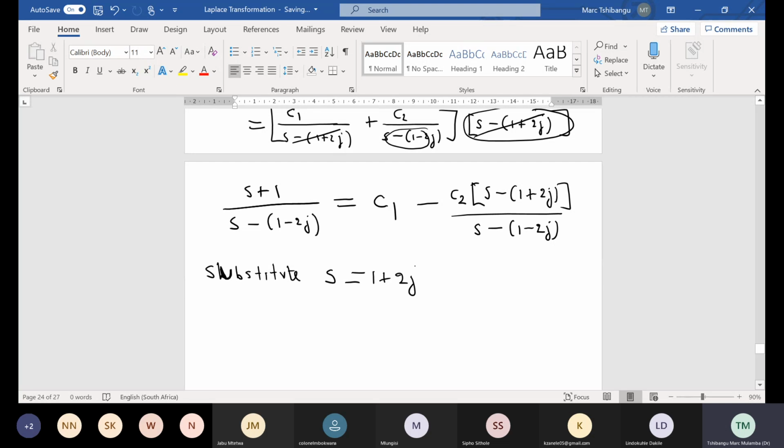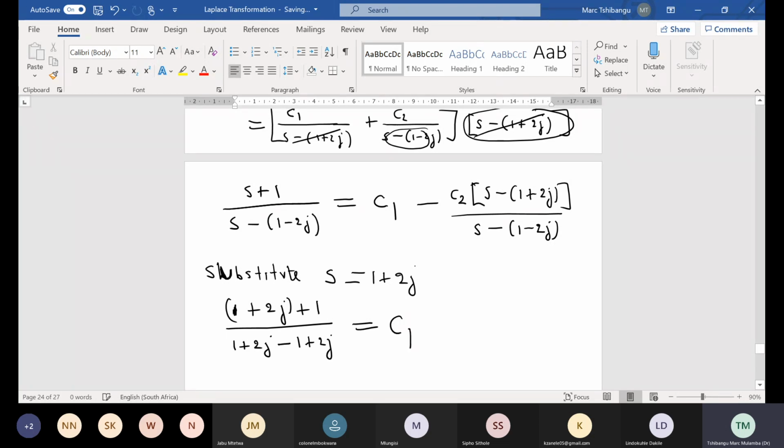So we're going to have 1 plus 2j plus 1 over 1 plus 2j minus 1 plus 2j. And this will be equal to C1.